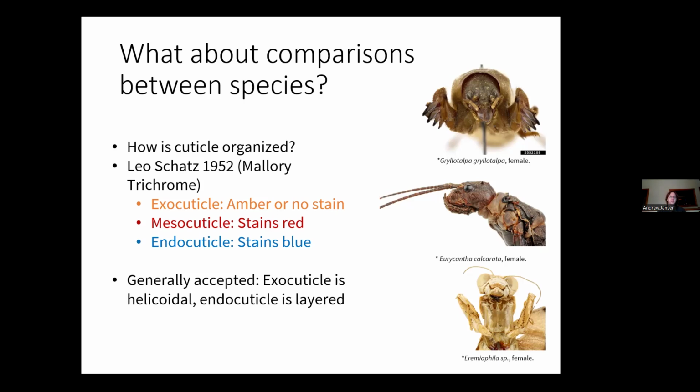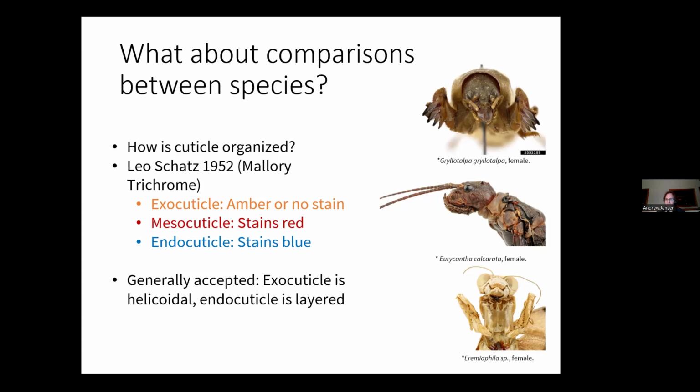So the basic protocol is you take a piece of cuticle, preserve it in Bowen's fluid, then mount a cross section of it on a slide, stain it with Mallory trichrome, wash it, and then if a part of the cuticle stains amber or doesn't have any stain whatsoever, that's the exocuticle. If it stains red, that's the mesocuticle, and if it stains blue, that's the endocuticle.